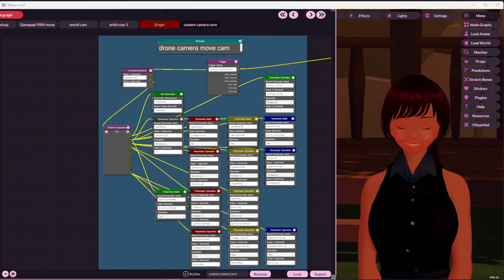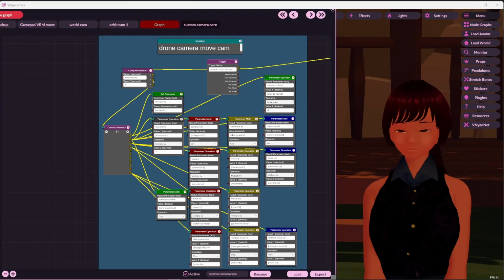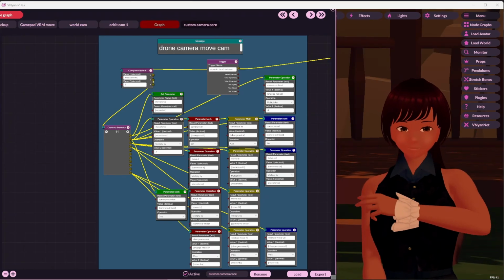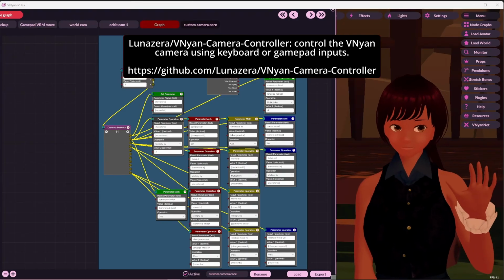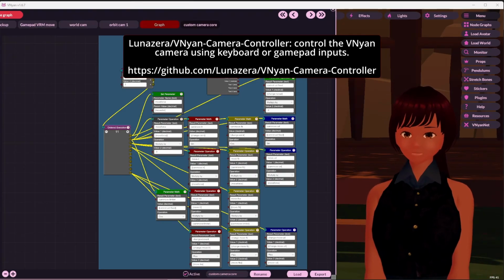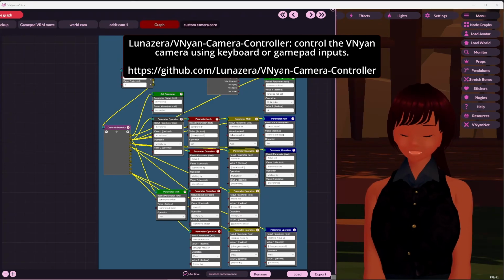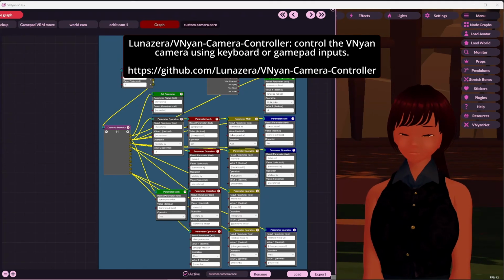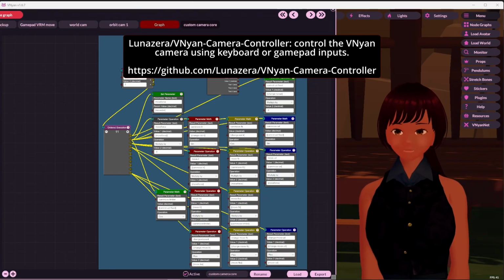So I originally got the camera stuff from the GitHub repository, which we'll put up here somewhere with credit to the original scripter who did that. And I found that it had a limitation, and I didn't like that limitation, which was that you couldn't move where you were looking.